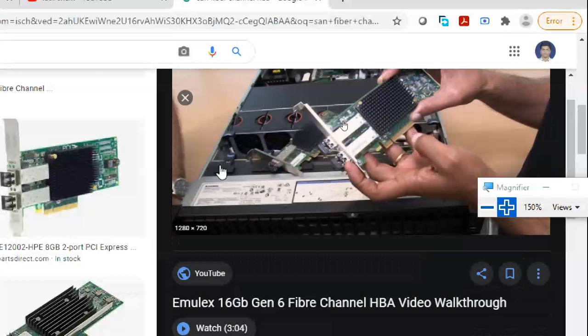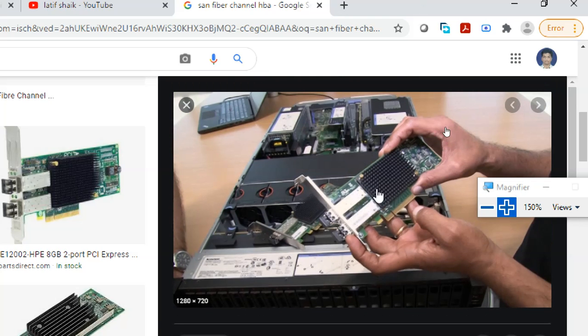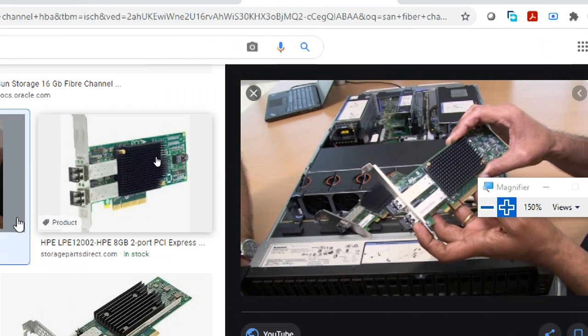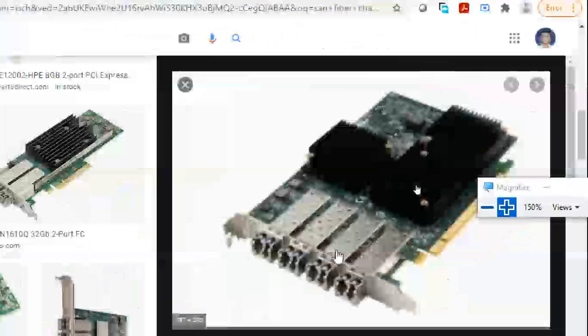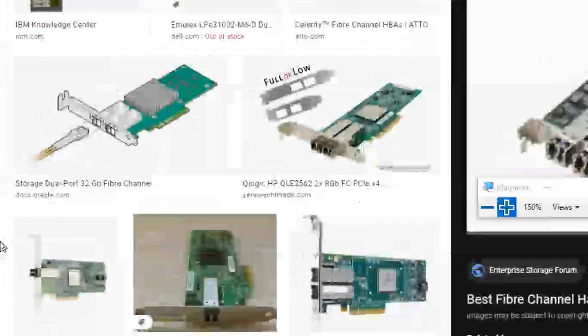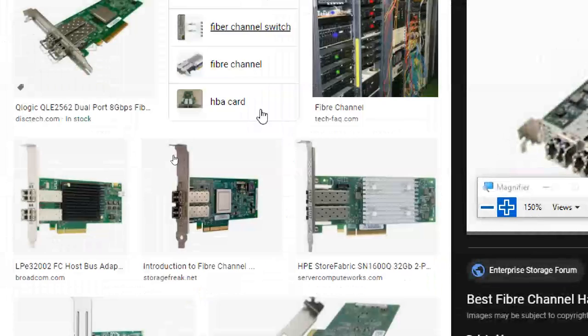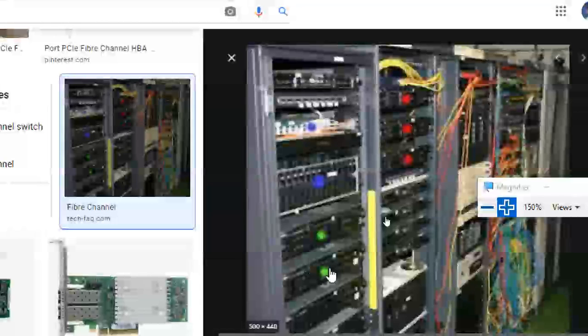You can see the server and these connections being inserted, so multiple channels of fiber optical connections. Why fiber optical? Because it's very fast.